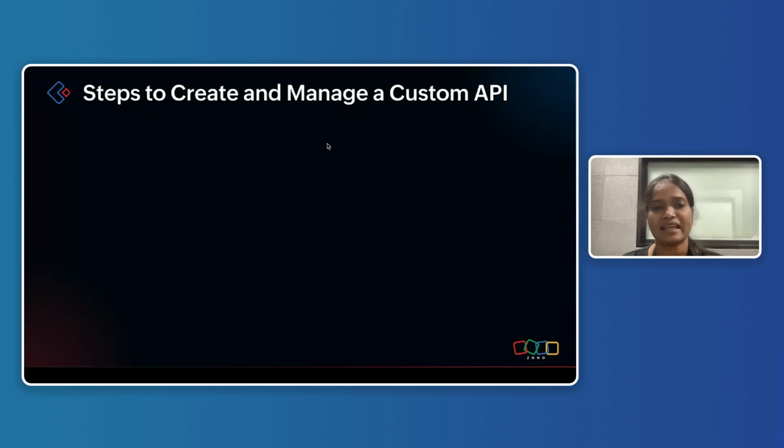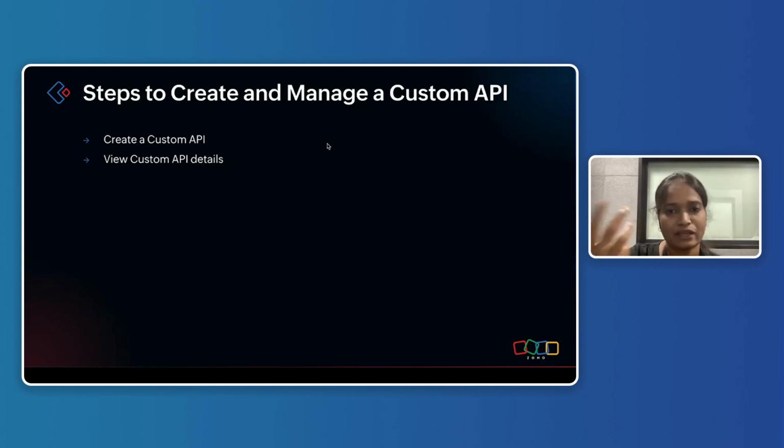Next, let's get to understand the steps that we have to create and manage a custom API. Creating and managing the custom API can be done in the custom API builder itself. So first we will create a custom API. Then we can view the API details. If you want, we can go back steps. Like if you want to change any basic details, then you can go back.